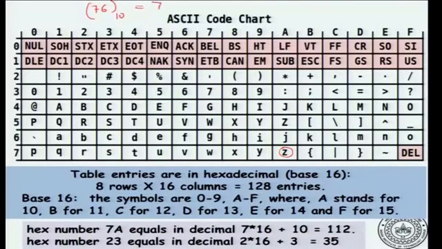This obviously stands for the numerical value 7 into 10 plus 6. Similarly, in base 16 notation, 7A stands for 7 into 16 plus 10. Remember that A is 10. So you have 122. Similarly, hexadecimal 23, row 2, column 3, for example, means look up 2 times 16 plus 3, the 35th entry in the table.